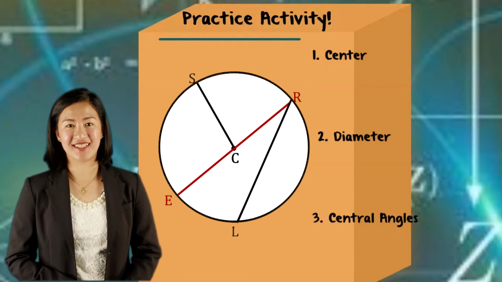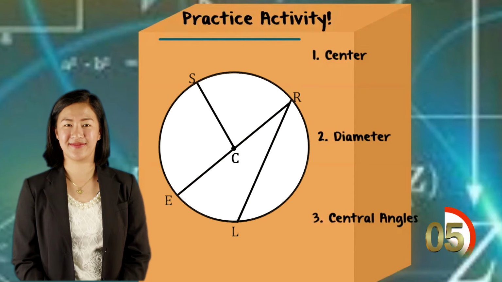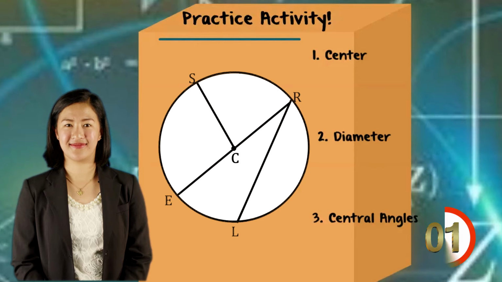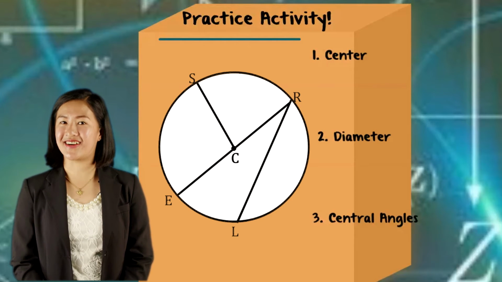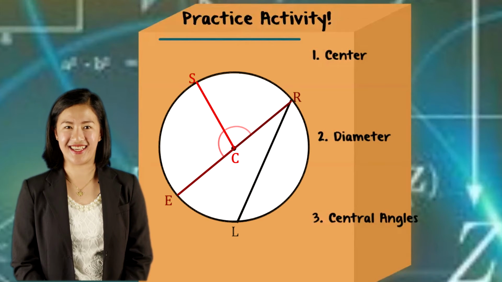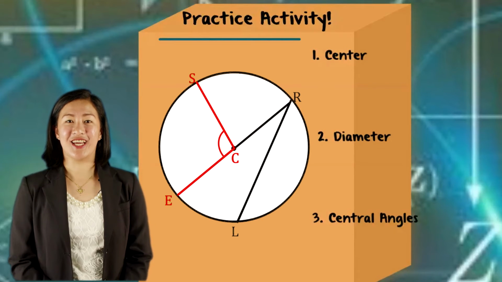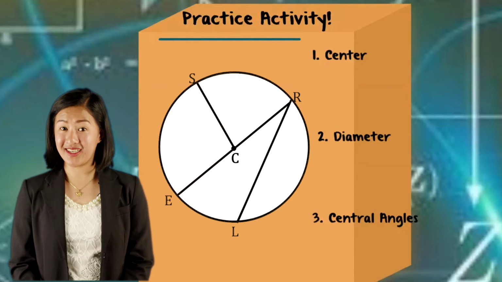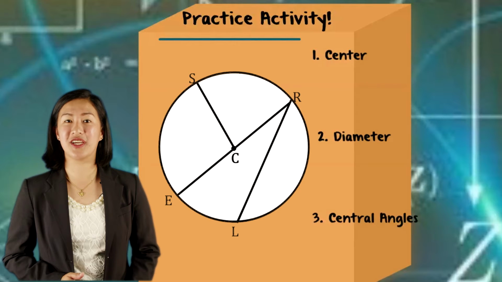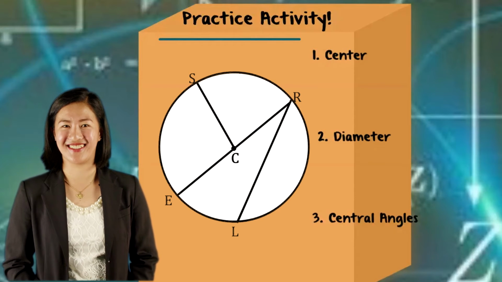Number 3. Central angles. These are angle SCR and angle SCE. Amazing! Did you get all the items right? If yes, great job. If no, you may try harder next time.